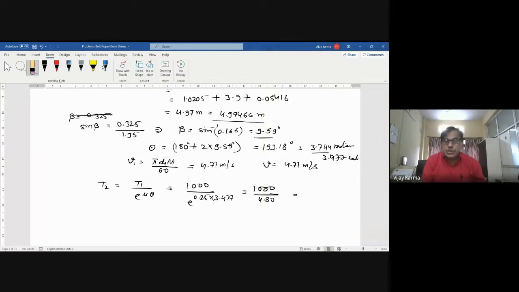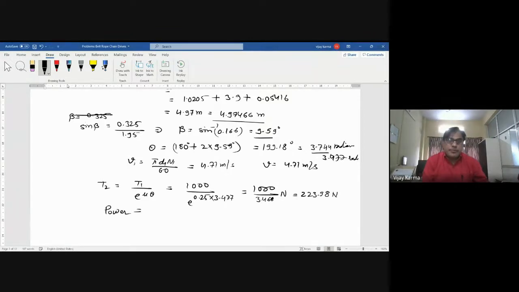So it will also change slightly. 0.25 into 3.477 gives 3.46 as the ratio, and the inverse gives 223.98 Newton. This is the tension T2.